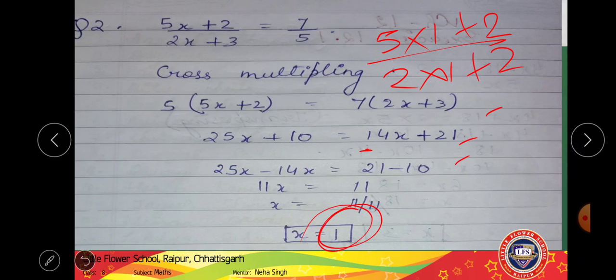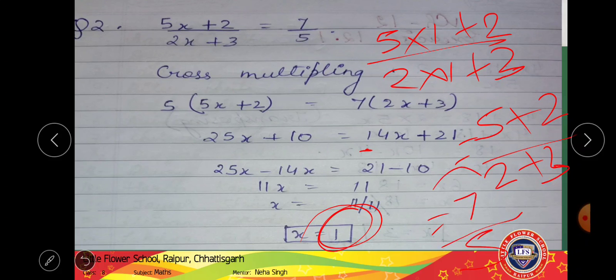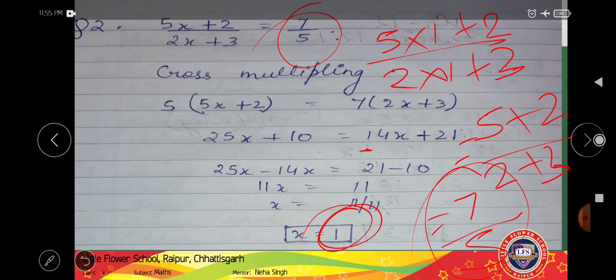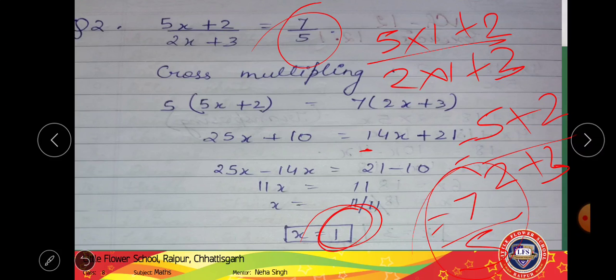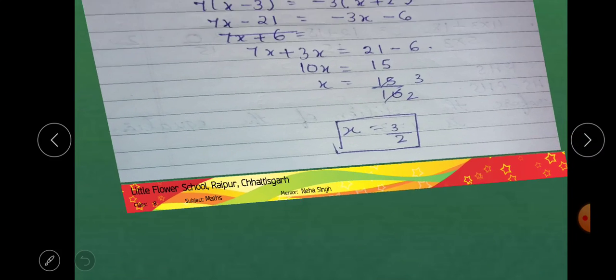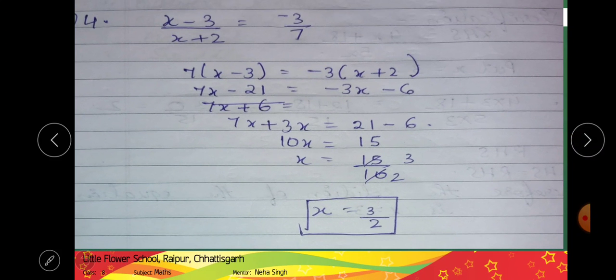So 5 into 1 is 5, plus 2 as it is. 2 into 1 is 2, plus 3. 5 plus 2 is 7, so the numerator is 7. 2 plus 3 is 5, the denominator is 5. 7 by 5, is it the RHS? Yes. So again you are going to write LHS equals RHS. Hence the solution of the equation is x equals 1.